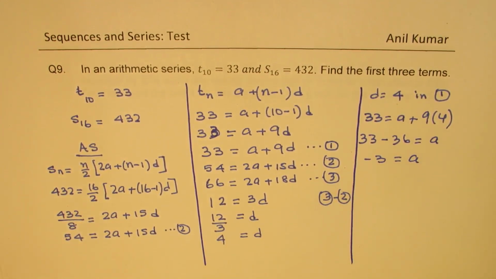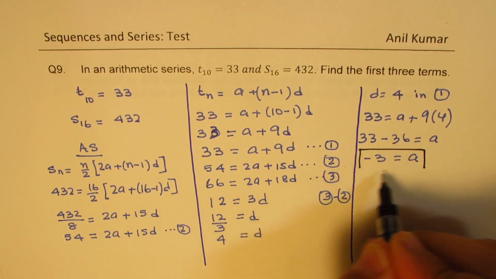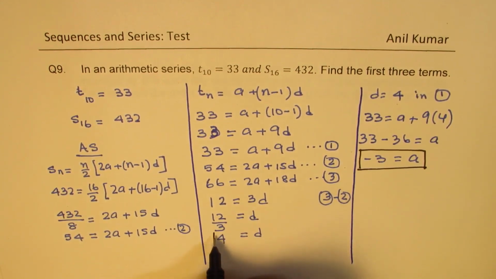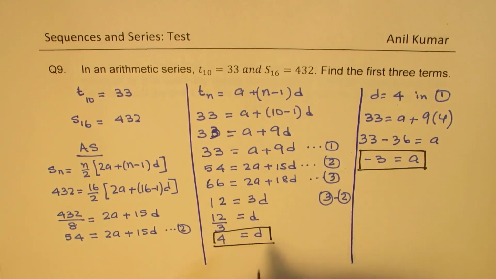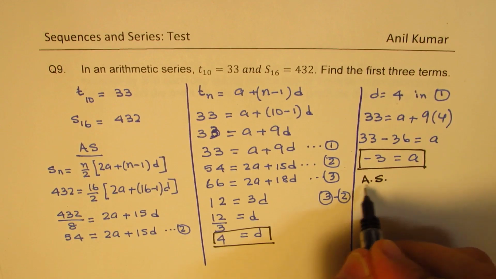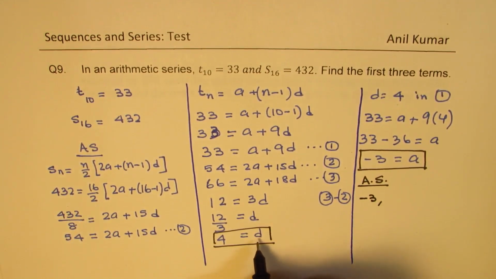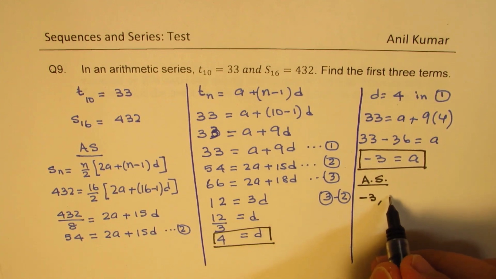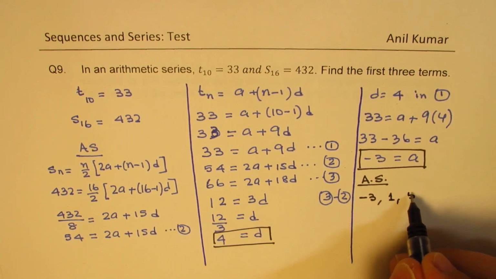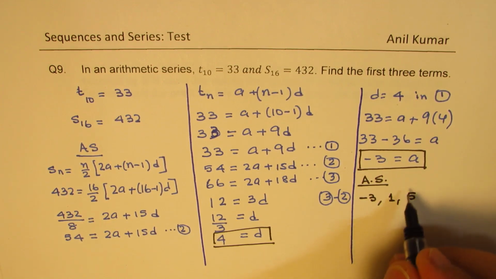So a equals minus 3 and d equals 4. Now we can find the first 3 terms of the arithmetic series, right? The first term is minus 3, and we keep on adding 4. So when you add 4, you get plus 1, then 4 more means 5. These are your first 3 terms.